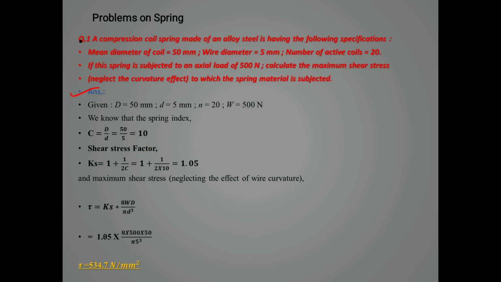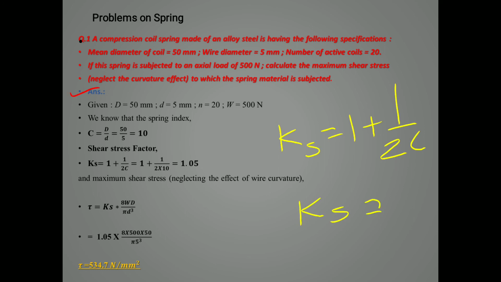As per the standard formulae, the shear stress factor is nothing but Ks, as we have seen in lecture number 3, that is Ks is equal to 1 plus 1 upon 2C. Earlier we calculated the value of C, so putting that value of C in this equation, we will get Ks.